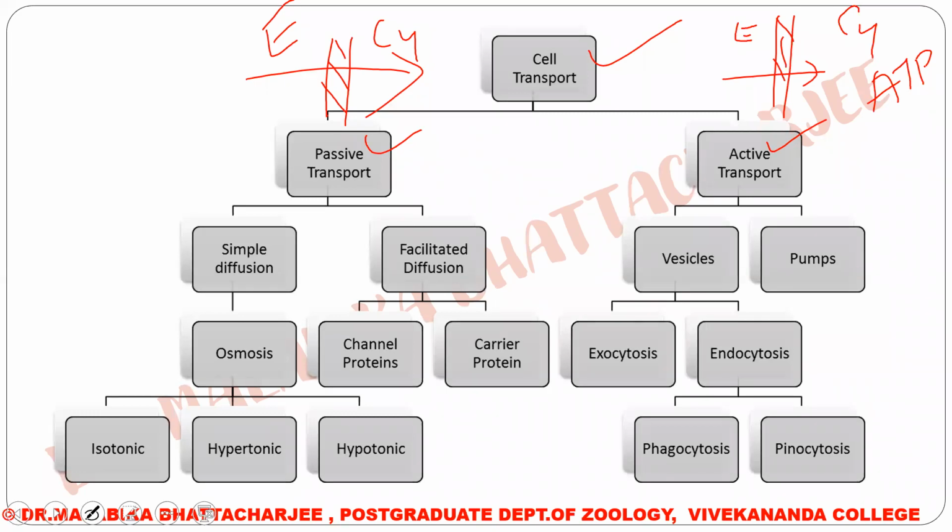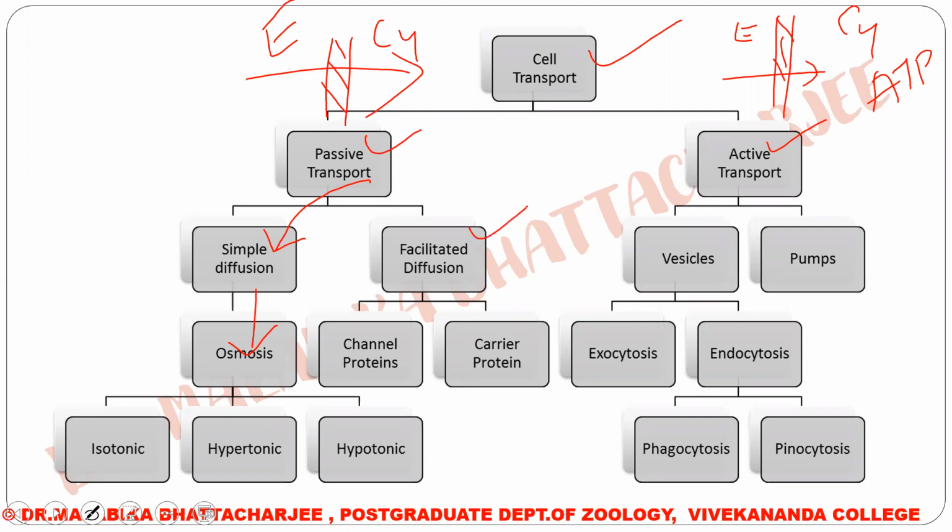That's a very big difference between passive transport and active transport. When we move on to passive transport, we have simple diffusion. That is the easiest of the lot, which includes osmosis, when movement of liquid molecules occurs across the biological membrane from a region of high concentration to a low concentration. Simple diffusion can also take place in case of gases.